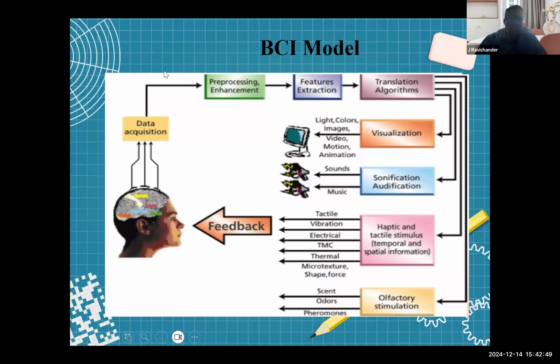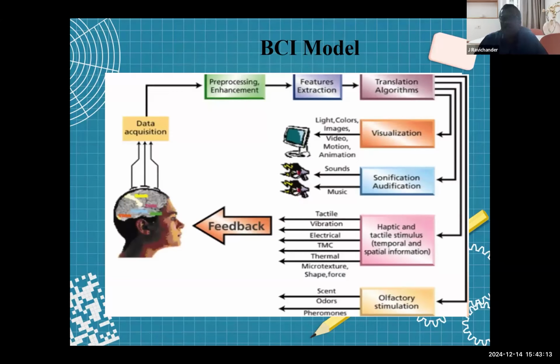Now, once again, I will come back to the starting point. Here we have a brain. Now we are taking the data. How are we going to take the data? Data acquisition system means we take the data using one particular device.